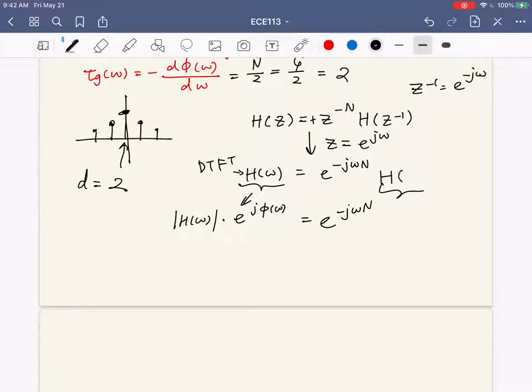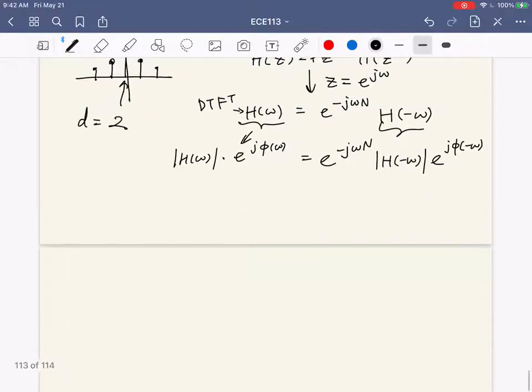So it will result in H of minus omega, and its phase response. Great. And we know that it is symmetric. Symmetric basically means H of omega equals H of minus omega, right?